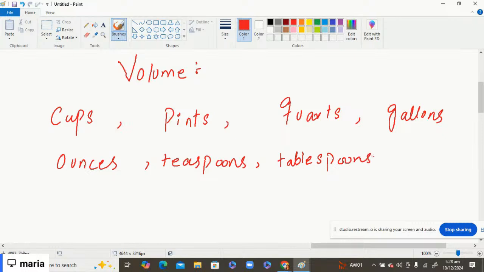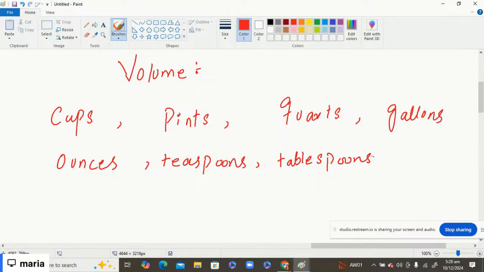Understand, these are all the things. Write it down, all of you: cups, pints, quarts, gallons, ounces, tablespoons and teaspoons. Okay.